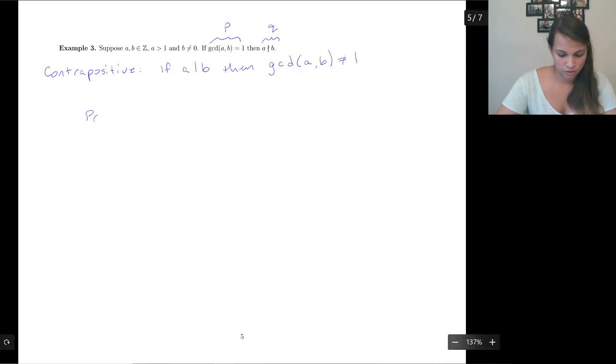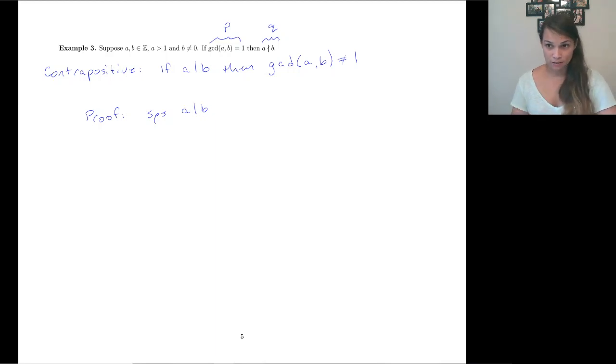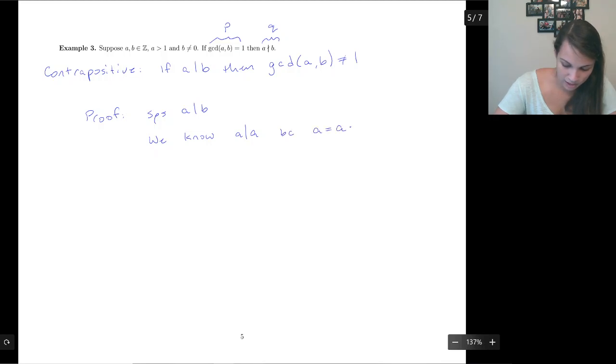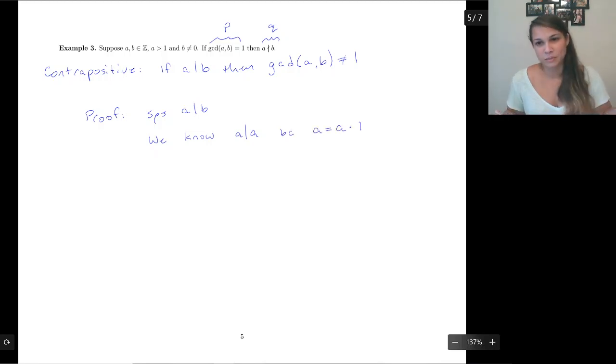So proof. Suppose A divides B. Well, we know A divides itself, and that's what GCD is all about, things that divide A and divide B. So let's talk about A divides itself. We know A divides itself because we can write A equals A times an integer, specifically 1.